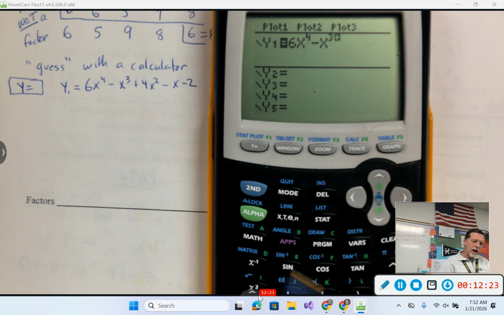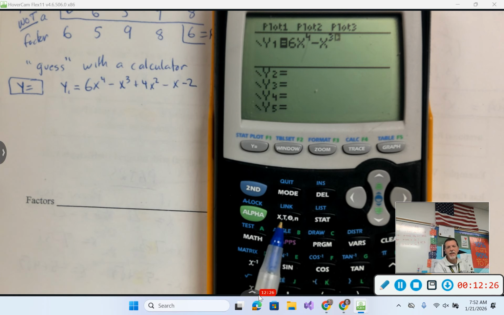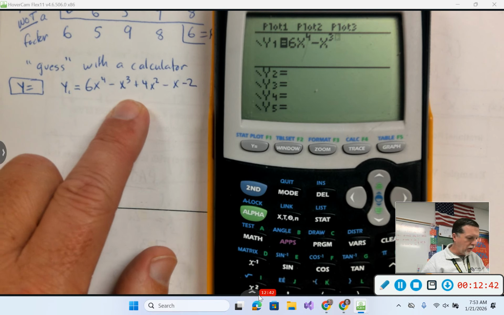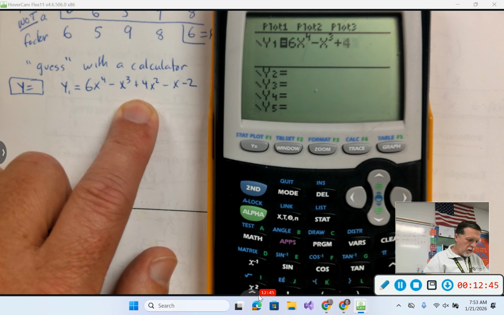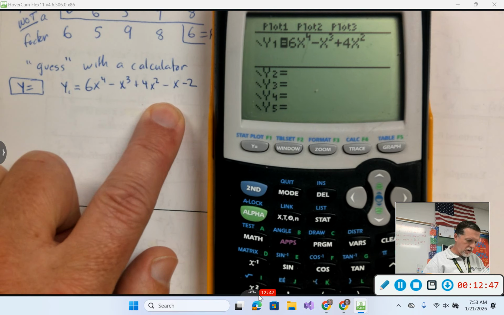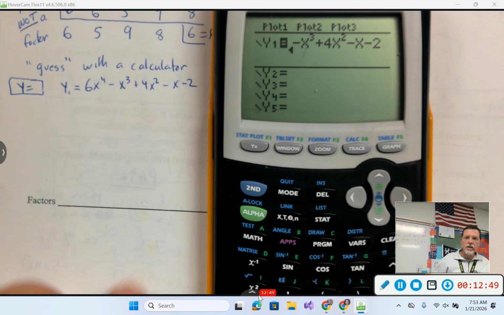X is toward the top left right here. There's a button that says X, T, theta, and N. You hit that, and it knows which one you want. It reads your mind. Later in life, you might use theta. Unlikely will you use T or N, but X is what you want, and X is what it gives you. Plus 4x squared minus x minus 2.